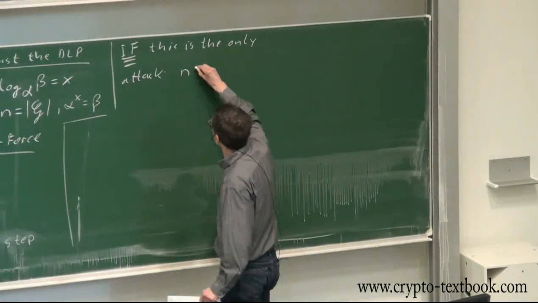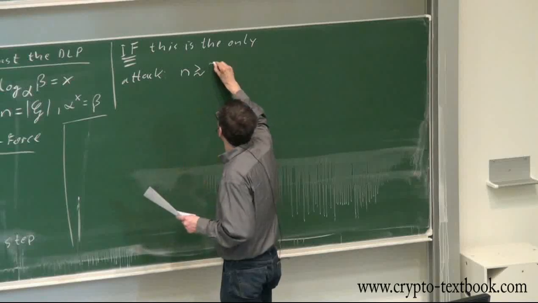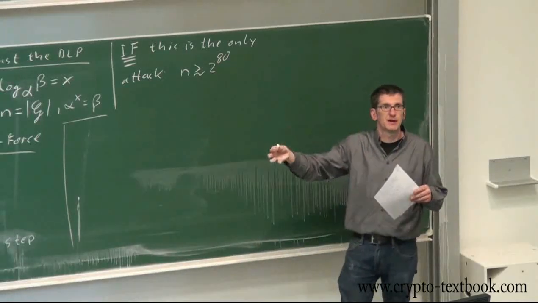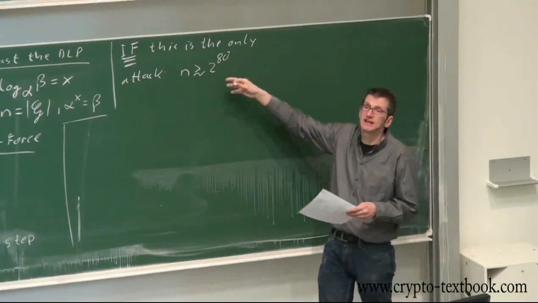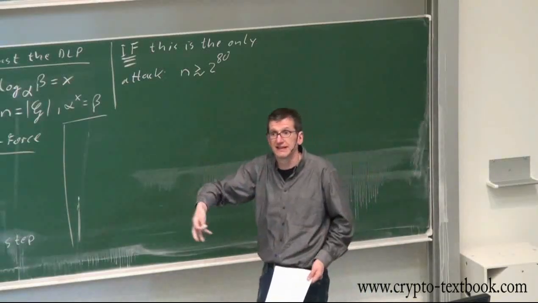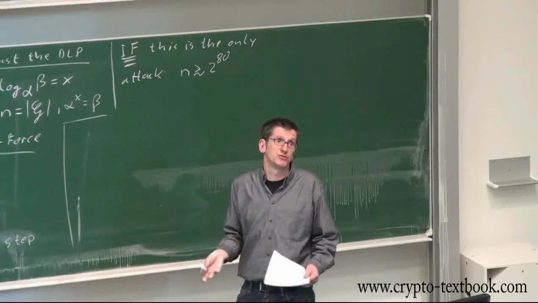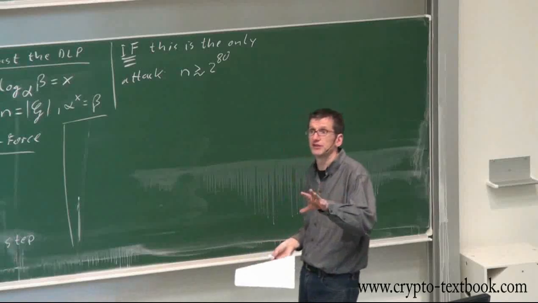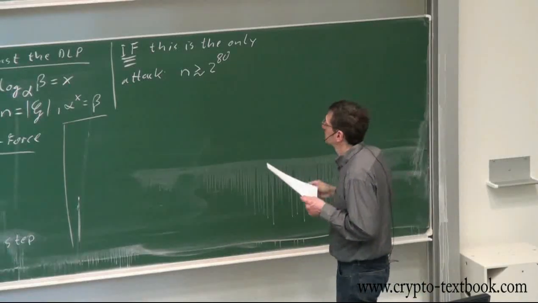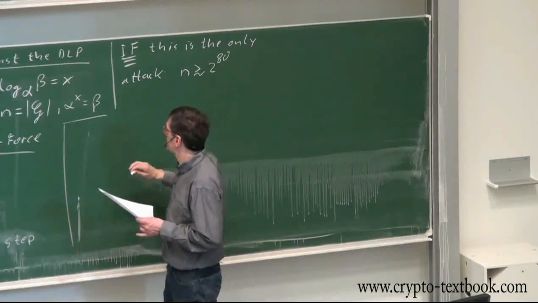So if this were the only attack, we would say, okay, n, that means the number of elements in the group, size is at least 2 to the 80, okay? And why do we say that? Well, if you want to attack that, you have to do something around 2 to the 80 steps. You cannot do that today. You can probably do that in 15 or 20 years. Right now, it's pretty hard. Okay. So that was attack number 1.